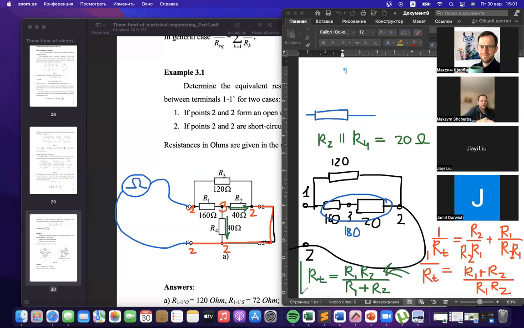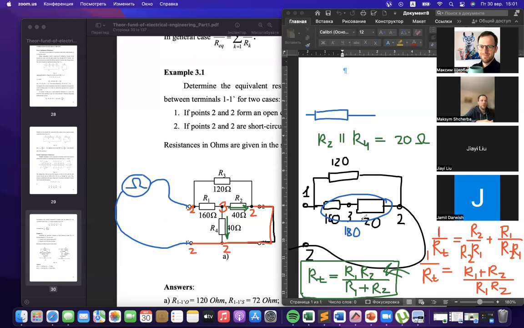Generally, if you have only two elements, all engineers use this formula because it is quicker for calculation than using conductivities. Multiplication divided by the adding.